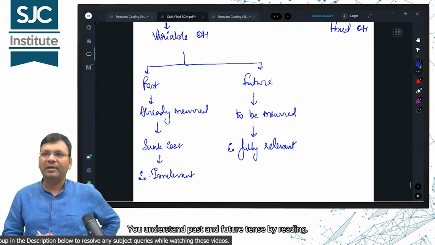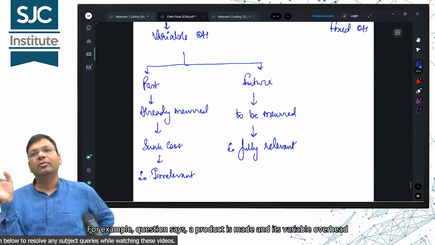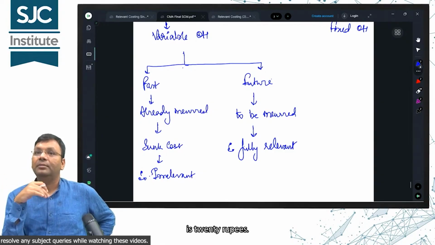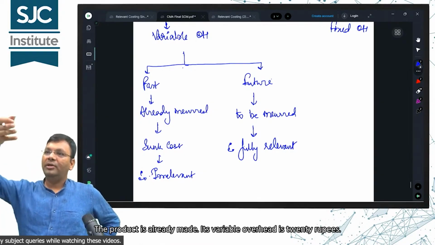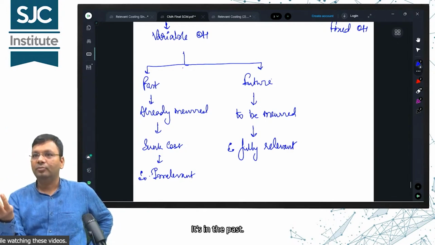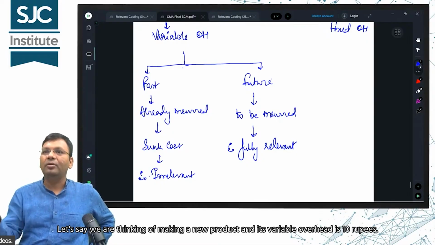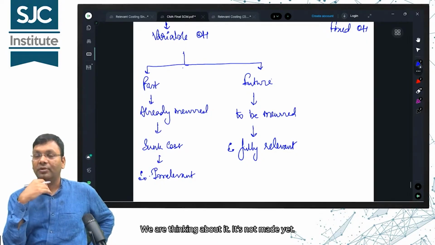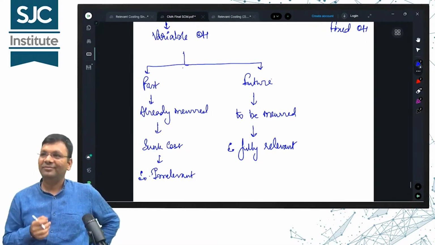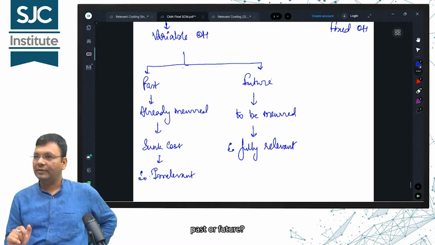You understand past and future tense by reading. For example, the question says a product is made and its variable overhead is 20 rupees. The product is already made, it's in the past. Let's say we are thinking of making a new product and its variable overhead is 10 rupees. It's not made yet. That's fully relevant. So we need to focus on whether the tense is past or future.